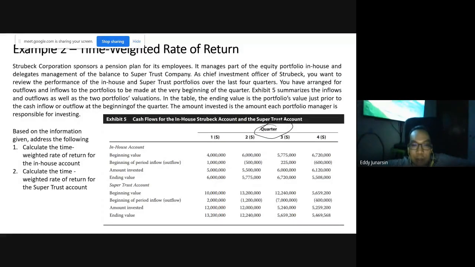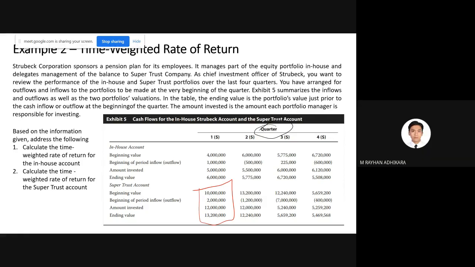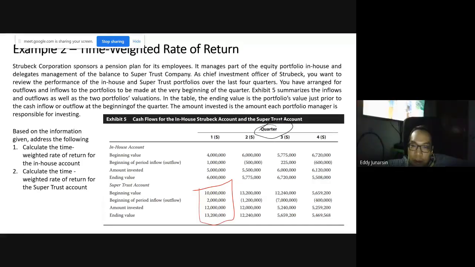Okay. So for the second example, just tell me quickly. We don't need to calculate, it's there already. Tell me, how to calculate the first return? The time weighted. How much is it? It's the difference between ending value and amount invested, divided by amount invested.